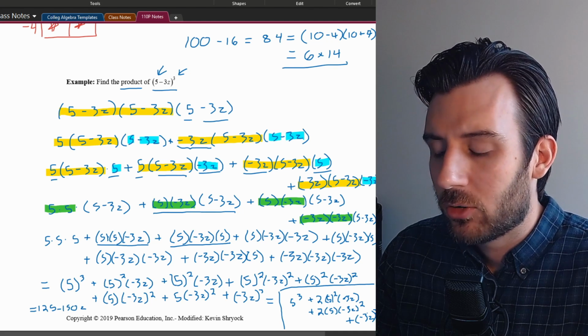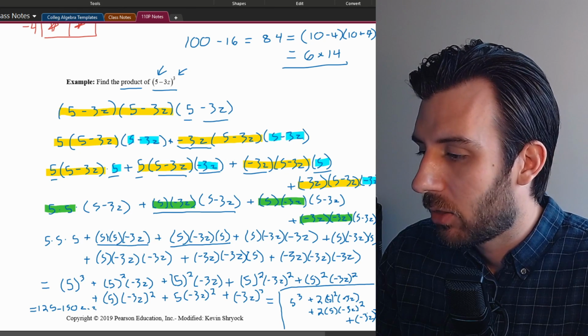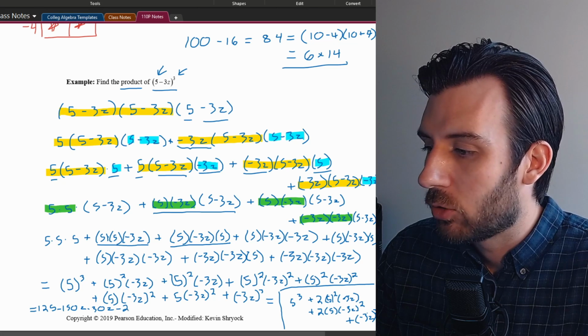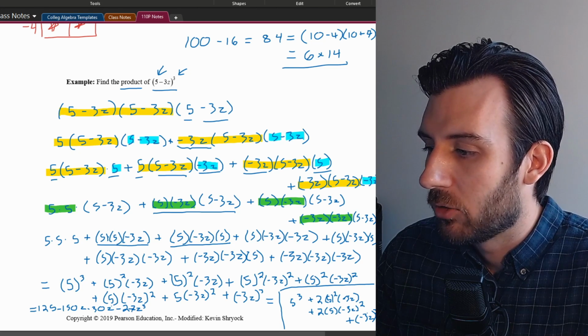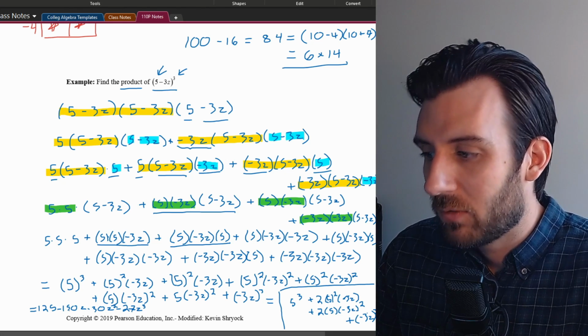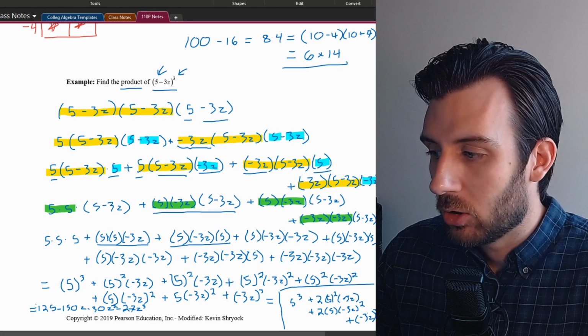Then we would write that as 2 times 5 would be 10, times negative 3 gets us negative 30z squared, and then our very last one would be a negative 27z cubed. So it'd be 125 minus 150z minus 30z squared minus 27z cubed.